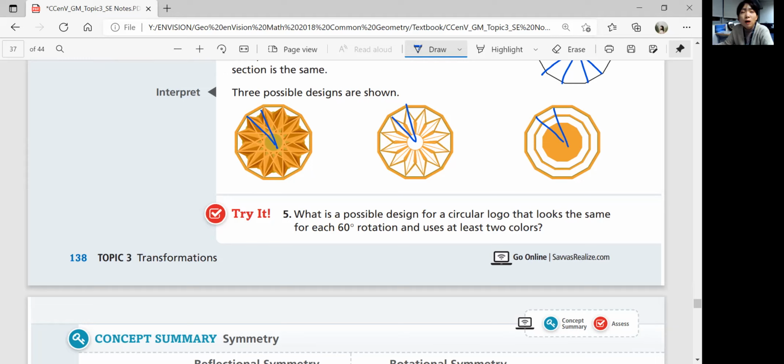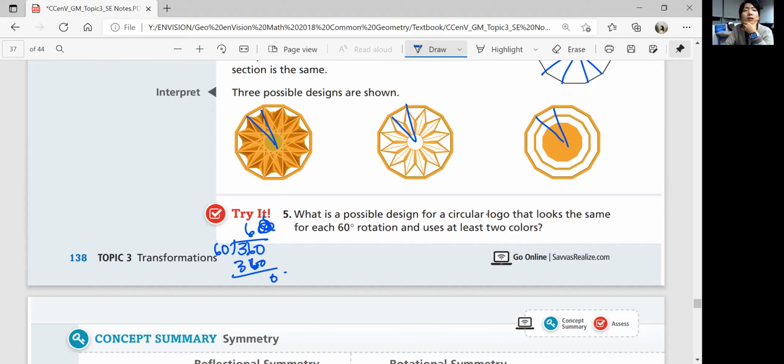It doesn't have one correct answer. It could be any design with a circular logo. Okay, it has to be circular, but they need to look the same for every 60 degrees rotation. So how many 60 degrees is in 360? 6. Good job. Right. 6.